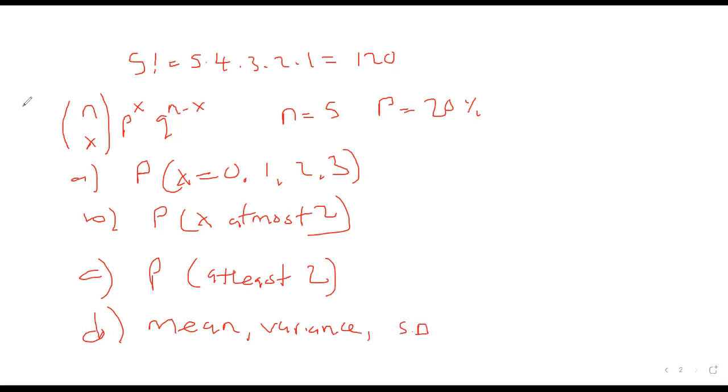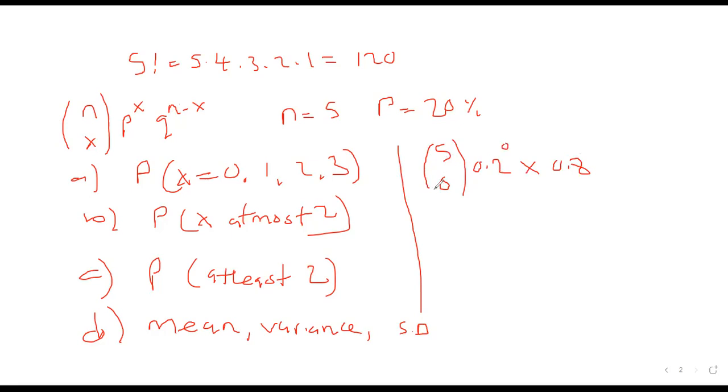So to start with, the probability of x is equal to 0. So it's n combination x, our n is 5. So 5 combination 0. Then our p is 0.2, meaning the q is the remainder, 0.8. So according to the formula, the 0 comes here.